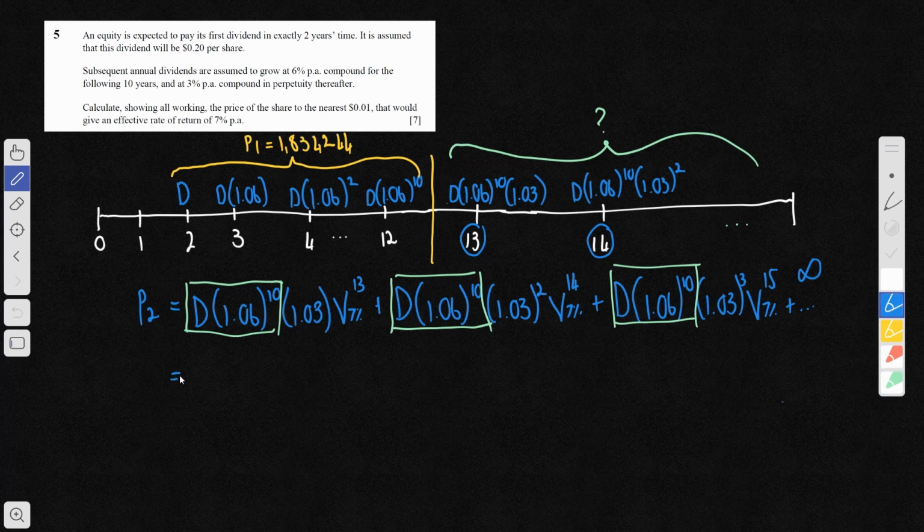So that means we can take out D times 1.06 to the power 10 as a common factor, and we are left with 1.03 multiplied by v to the power 13 plus 1.03 to the power 2, or squared, multiplied by v at 7% to the power 14, and so on and so on.